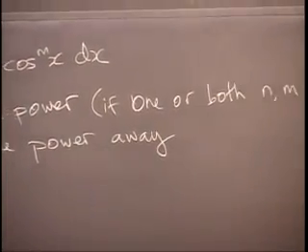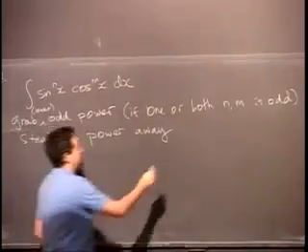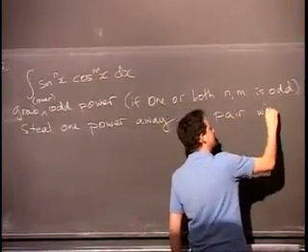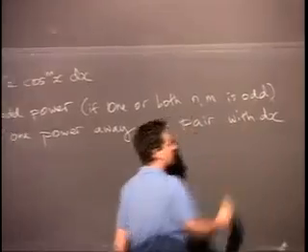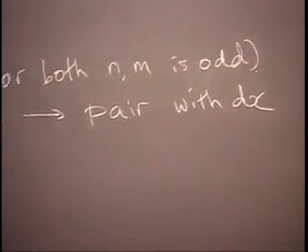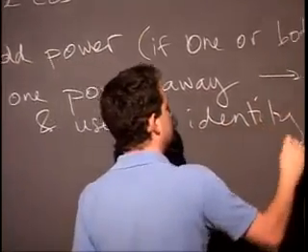If you take one power away from an odd, you're going to get an even. So pair this stolen one with the dx and use a trig identity. Well, what on earth does that all mean?